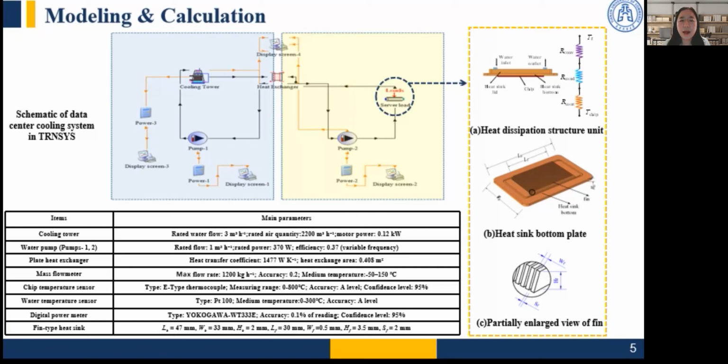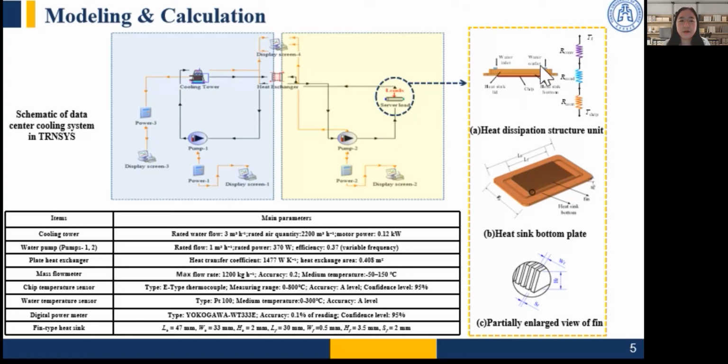The PT100 sensor is mainly used to measure the inlet and outlet temperature of the plate heat exchanger. The digital power meter is used to measure the pump power. The table lists the main parameters of the equipment and measuring sensors used in the water cooling system.